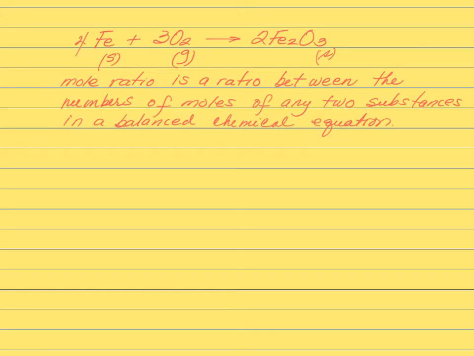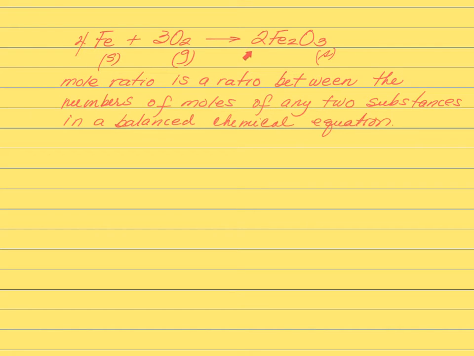I'm going to read this balanced chemical equation one more time. For 4 moles of iron that are reacting with 3 of oxygen, how many moles of iron trioxide are produced? Only 2. But let's say that instead of having 4 moles of iron, I have only 2 moles of iron.